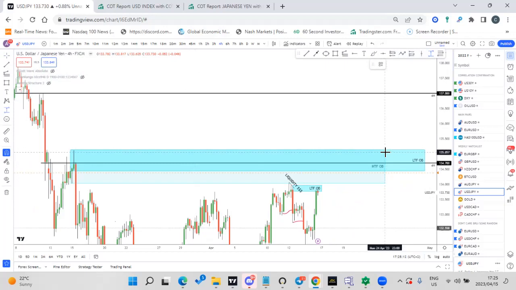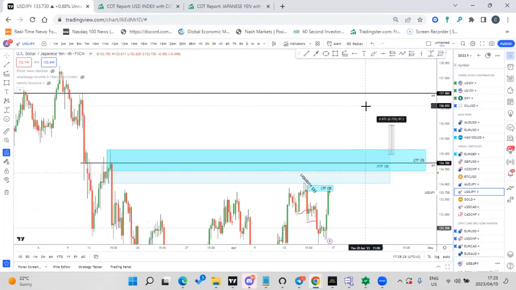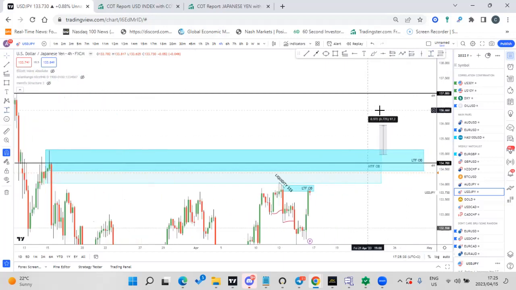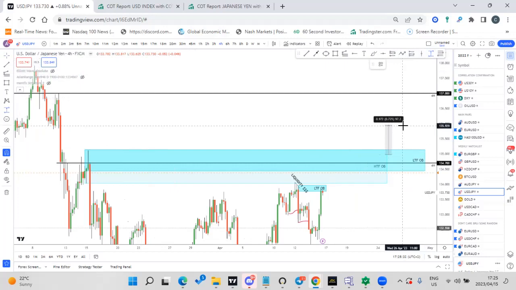That has to be the first target, right about, let's make it 95 pips or 97. Not to the T, but let's make it 90. So my first target would be 90 pips before looking for any sells, and then obviously you can hold. I don't hold that long, but you could hold up to this level over here.